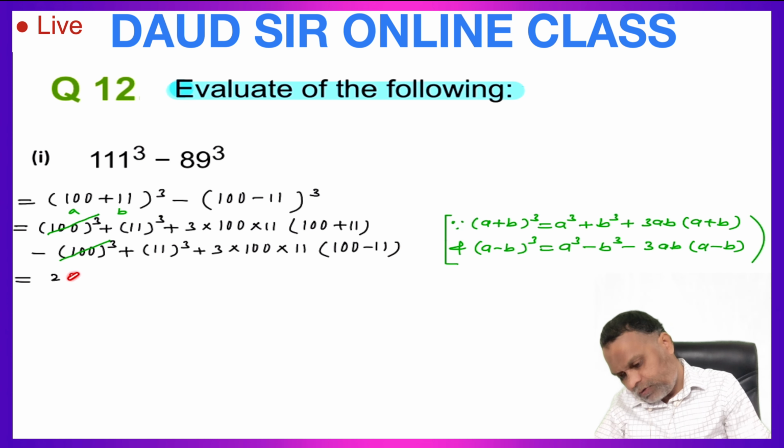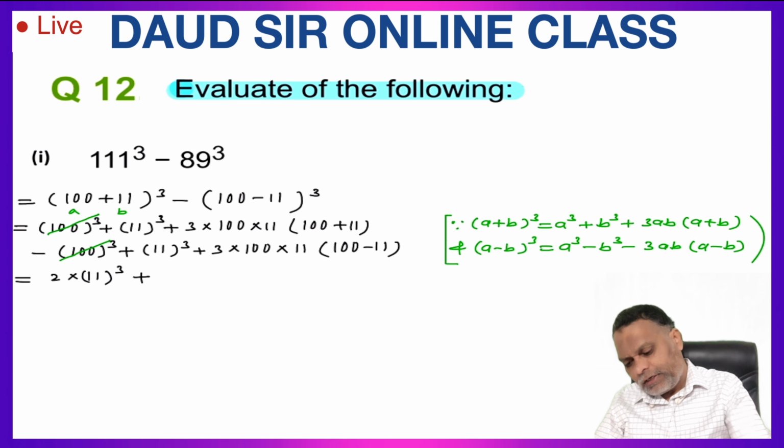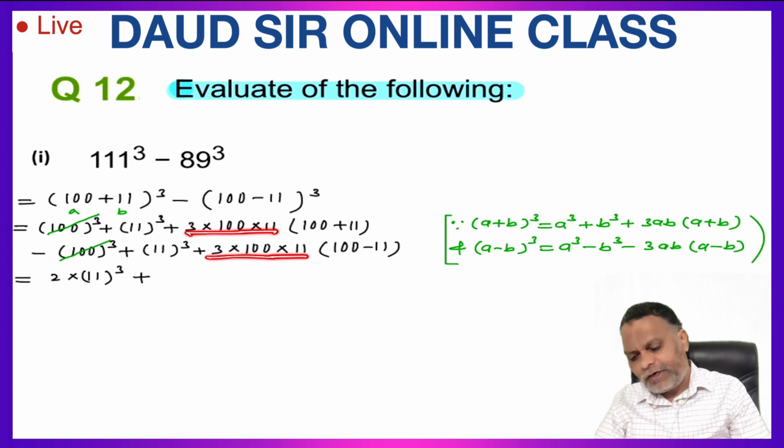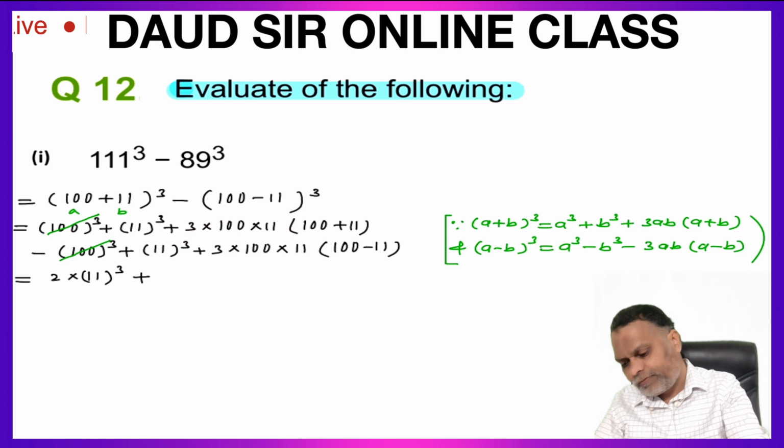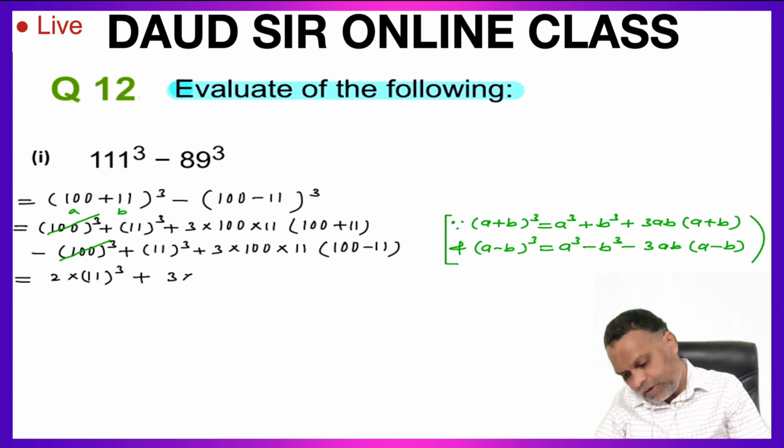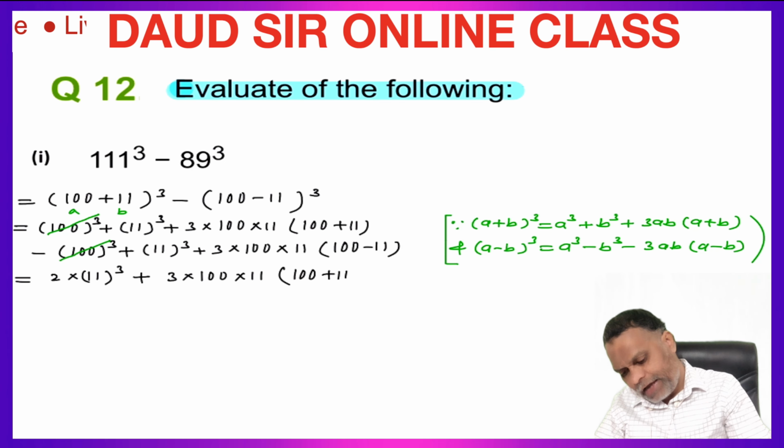So 2 into 11 cube plus this 3 into 100 into 11, we can take out common. So 3 into 100 into 11 is common here, 100 plus 11 left here, plus 100 minus 11 left.